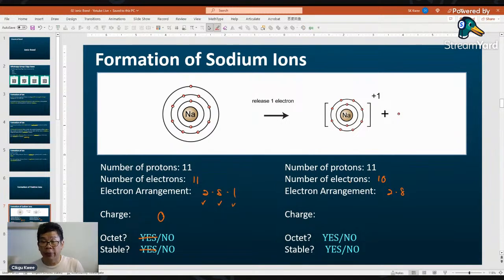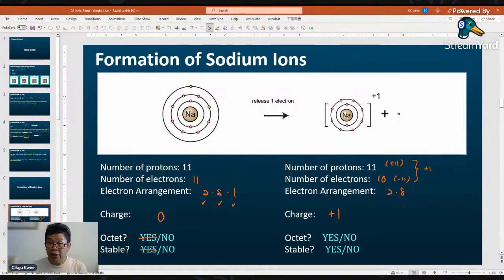So what's the charge now? 11 protons means the charge is positive 11, and 10 electrons means the charge is negative 10. The net charge will be positive 1.